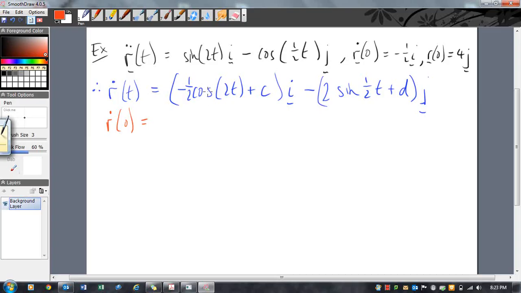Cos of 0 is 1, so that's going to be negative a half plus c i, minus, when t is equal to 0, sine is equal to 0, and so we're just going to get minus dj. Okay, is that correct? Minus dj. Yep, that's fine. And we are told that this is equal to negative a half i.